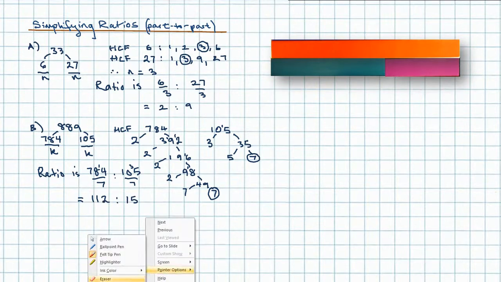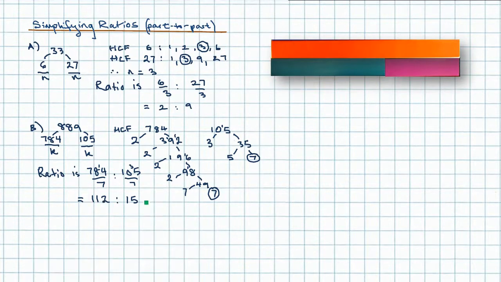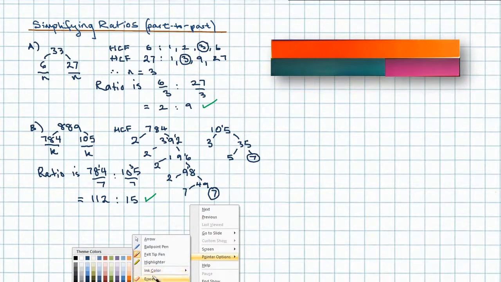As long as we're reasonably comfortable, that should be the correct answer. Using the HCF method should have got us the correct answer, but just a little check to make sure that it is correct. Okay, let's do one more.